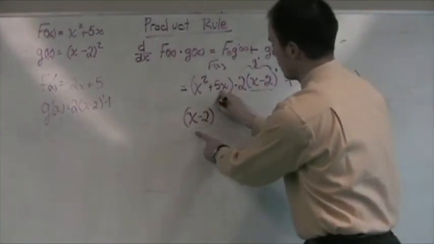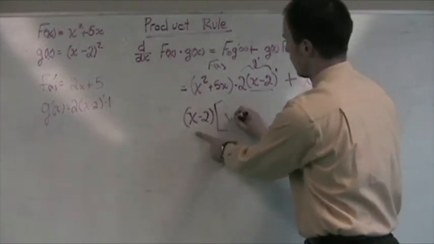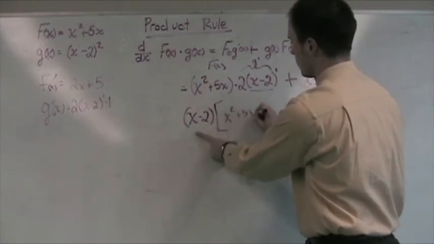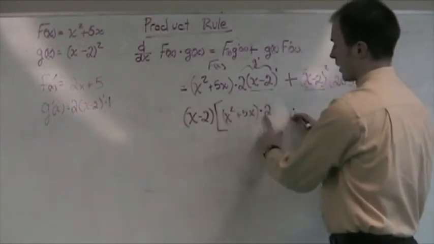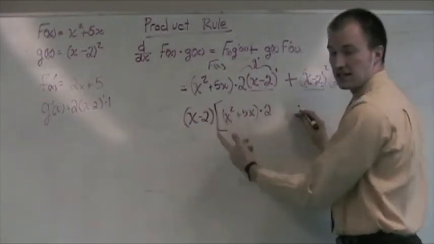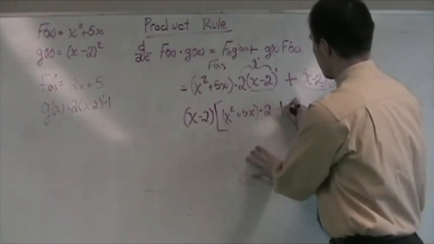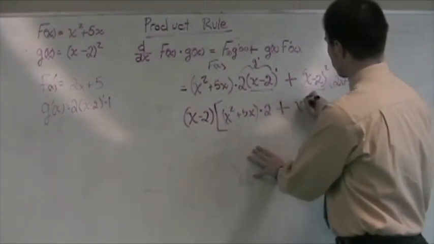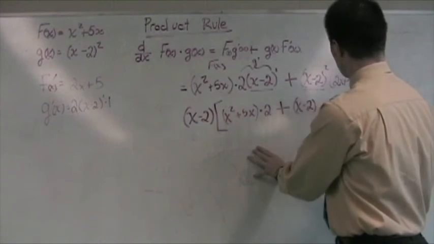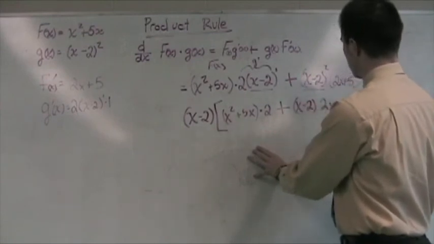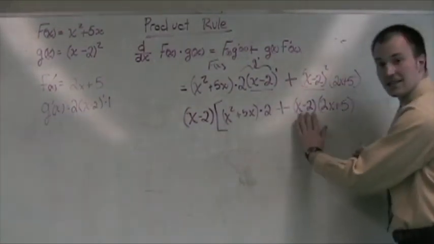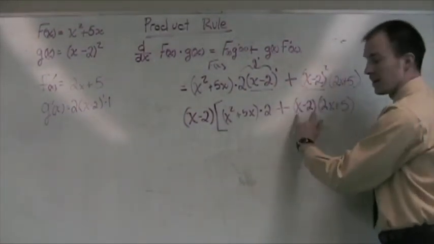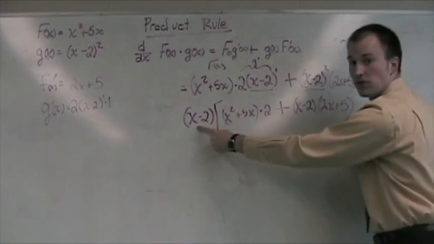When we pull it out front like that, we're left with x squared plus 5x times 2. Okay, and now we leave out that x minus 2 because that's out front. And then we're adding to that x minus 2 times 2x plus 5. And notice that this x minus 2, where it was squared, is now just the first power, and that's because we factored it out.